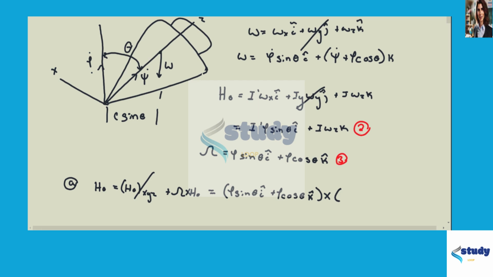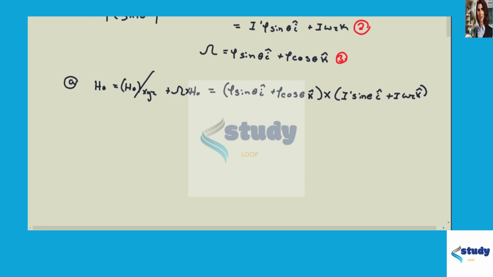Cross product of I sine theta i plus I_z k. And now we're just going to scroll down, and this simplifies into I phi sine theta cosine theta minus I_z sine theta phi j hat.